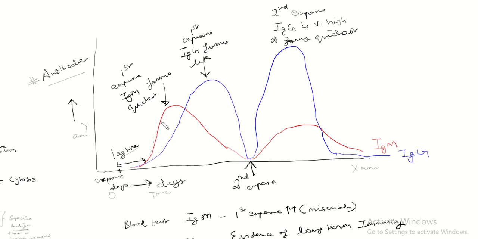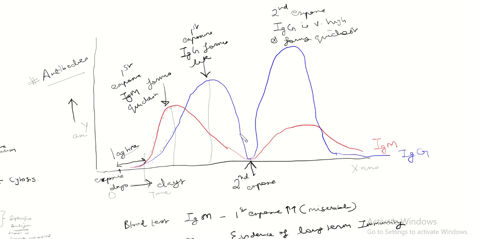You see how they formed the quickest? IgMs are denoted by the red line and IgGs are denoted by the blue line. IgMs get to the peak way quicker than IgGs do. So there's a lag time, and then IgMs get made first, and then IgGs get made.